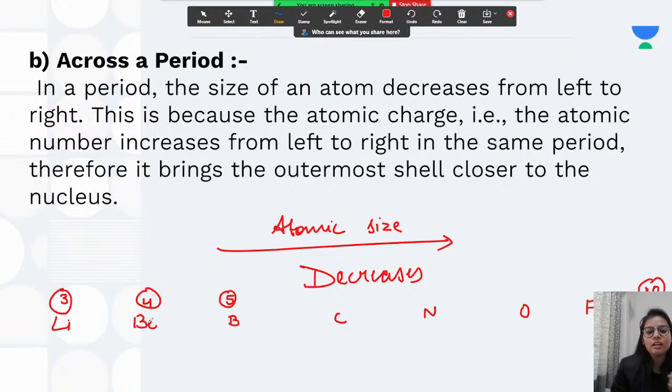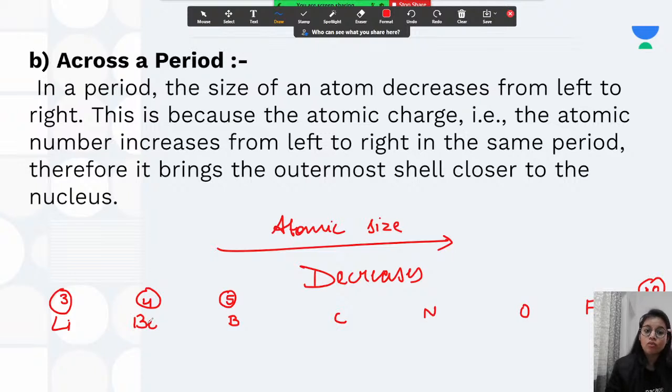It attracts the electrons. Because of this attraction, the outermost shell comes closer to the nucleus. The more electrons present in the shell, the more they will be attracted, because this electropositive charge increases with the atomic number, right? And therefore they will be attracted towards the nucleus, thereby making the atom shrink or smaller in size.